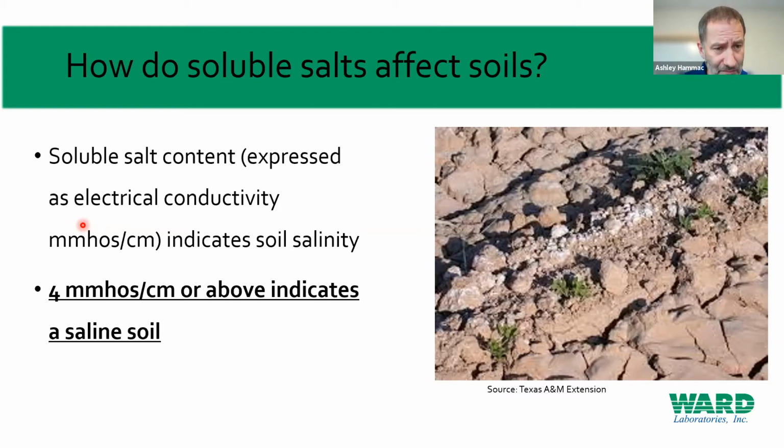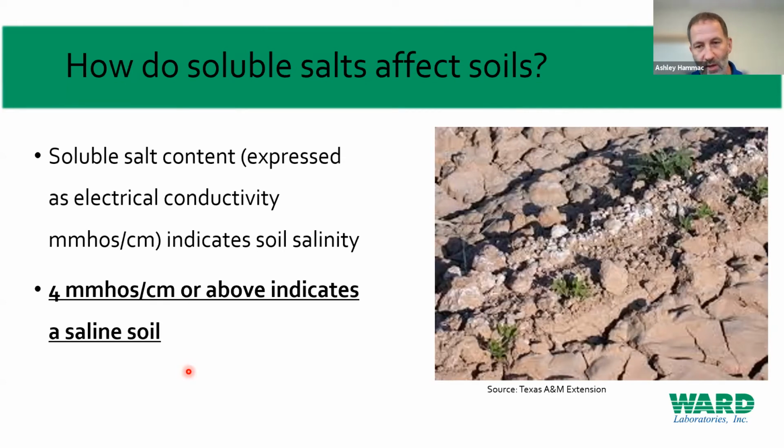Okay, so now in the soil, when we measure the electrical conductivity and we get a value of 4 millimhos per centimeter or above, that's indicative of a saline soil. Saline meaning salty. And you're going to experience a detrimental effect to your crop unless you're growing a tolerant species, which there are some, and I'll talk about those in a minute.